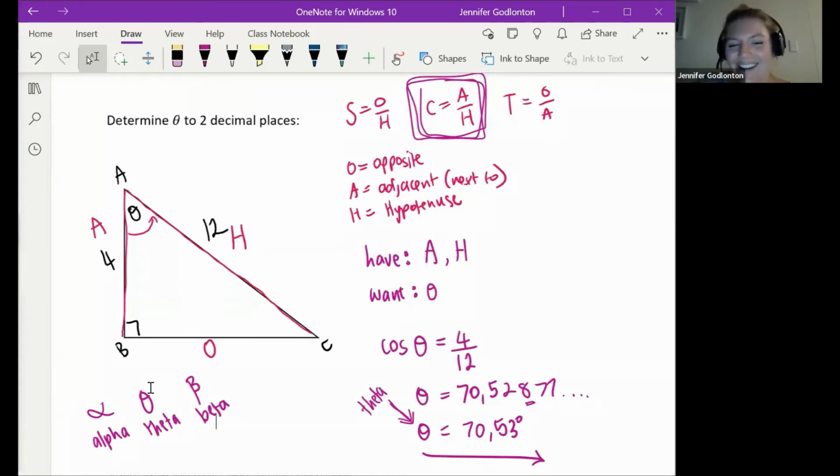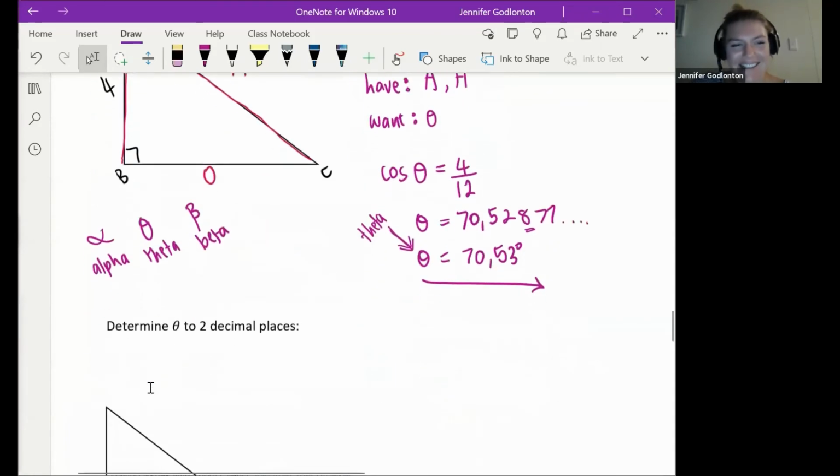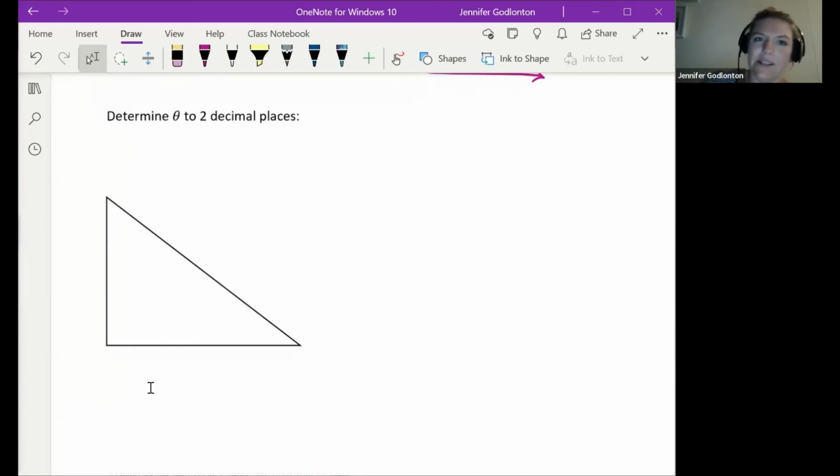Oh, okay. All right. Let's have a look at the next one. Let's see if you guys can come up with this one by yourselves. I'm going to label your triangle for you. I'm going to put theta over here now. I'm going to say that this is 8, and this is 7.